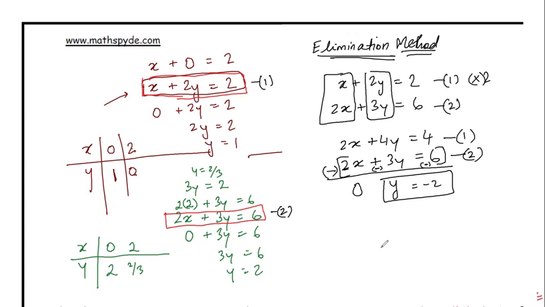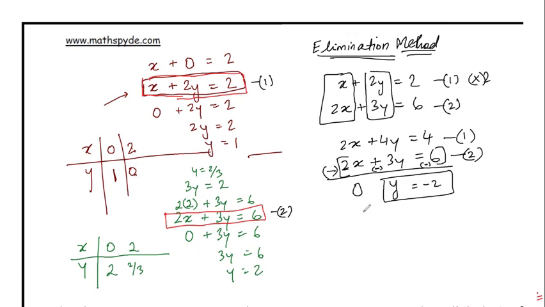Once you do this step, simply substitute the value of y in any one of these two equations. I'd chosen the first equation to substitute the value of y earlier, but this time I'll substitute it in the second equation just to show you that you will end up getting the same value, 6. It doesn't matter whether you substitute the value of y in the first one or the second one.